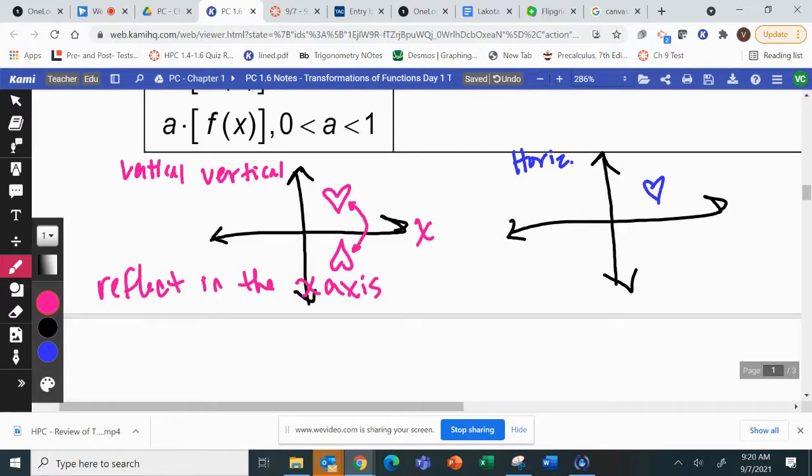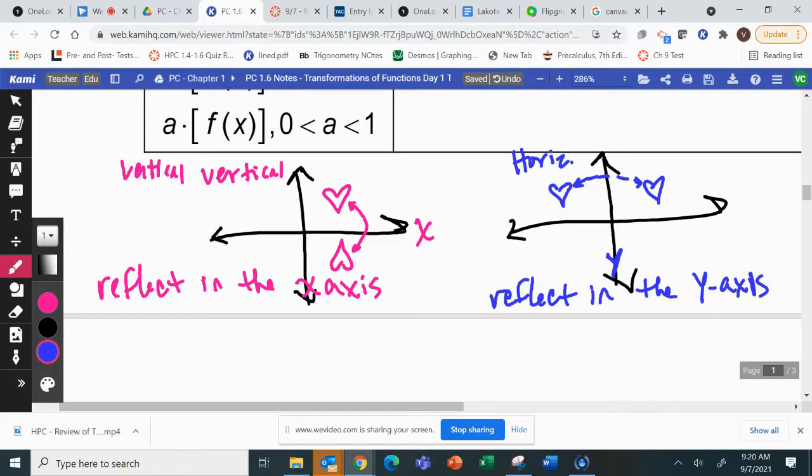If you forget which one is which, you can always draw a picture. For the horizontal, if I reflect horizontally, that's going to go left, right. That's how we normally think about x's, going left, right. But we're reflecting in the y-axis. So a horizontal reflection, reflect in the y-axis.